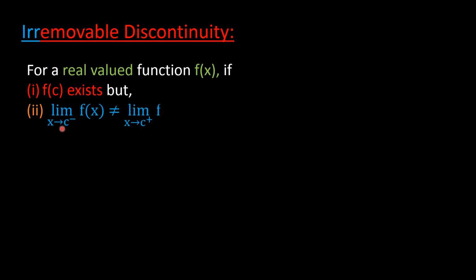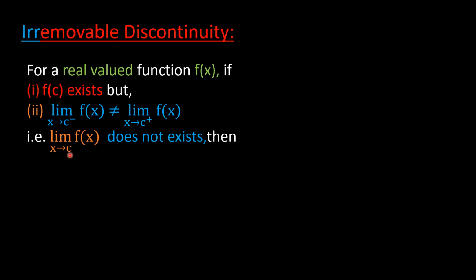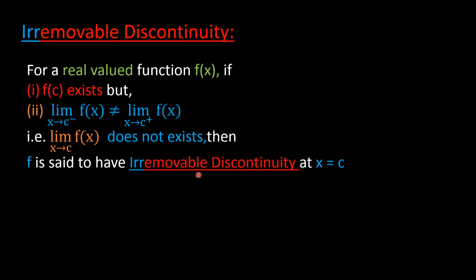For a real valued function f(x), if number 1, f(c) exists, number 2, limit f(x) as x approaches c negative is not equal to limit f(x) as x approaches c positive, that is limit f(x) as x approaches c does not exist because the left hand limit is not equal to the right hand limit, then we say that f has irremovable discontinuity at x equals c.